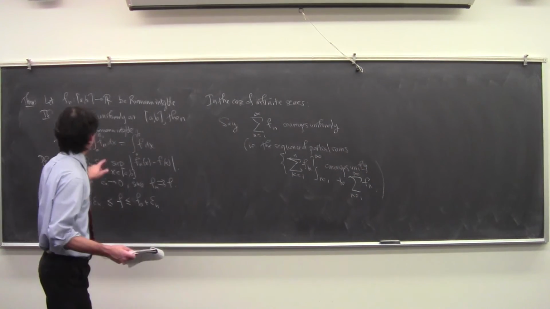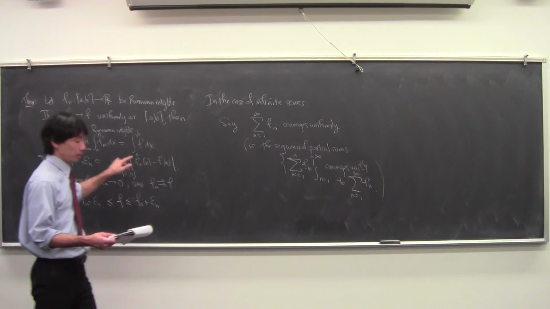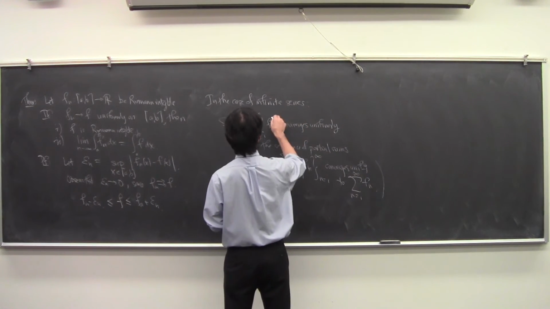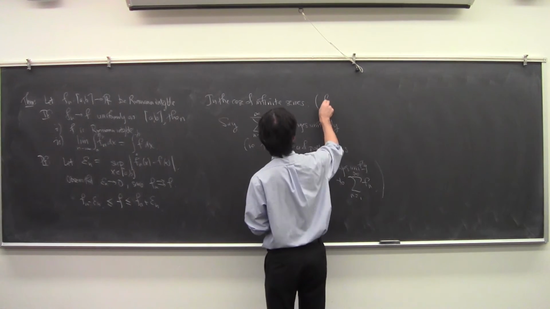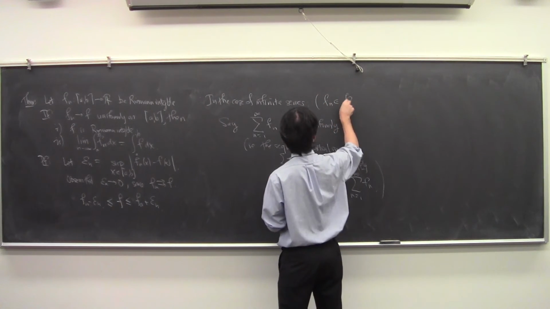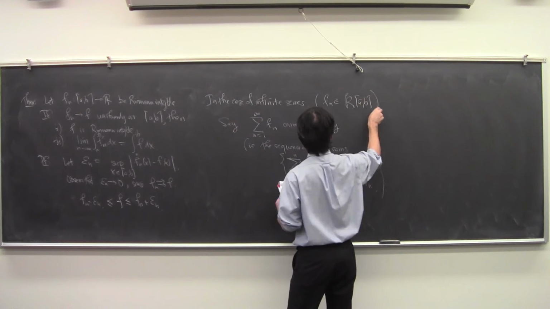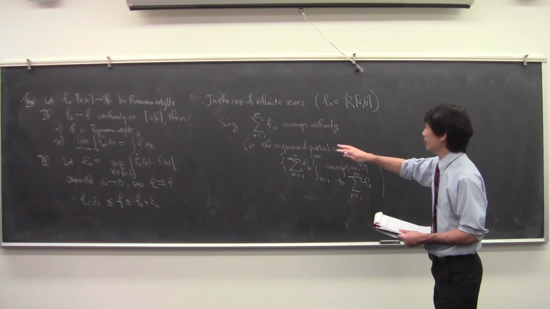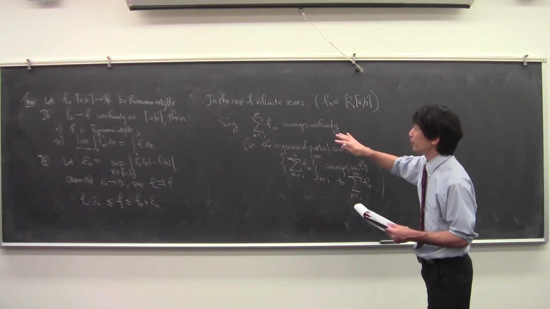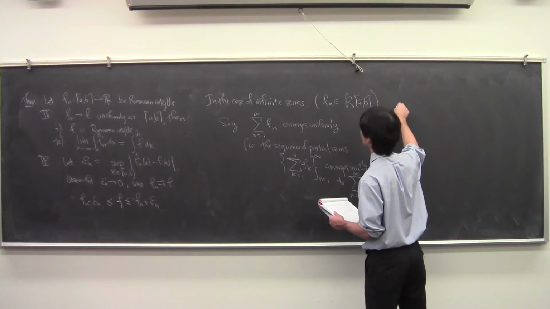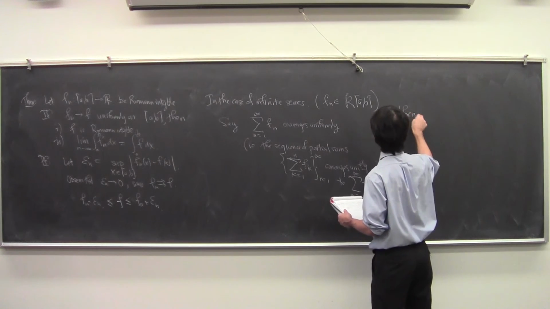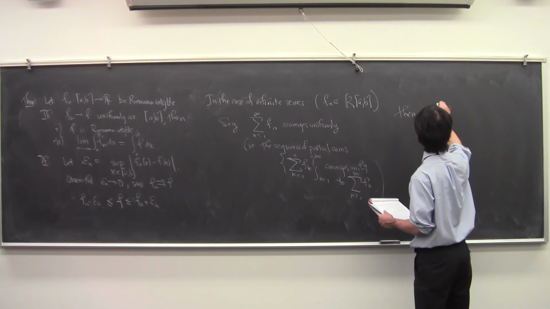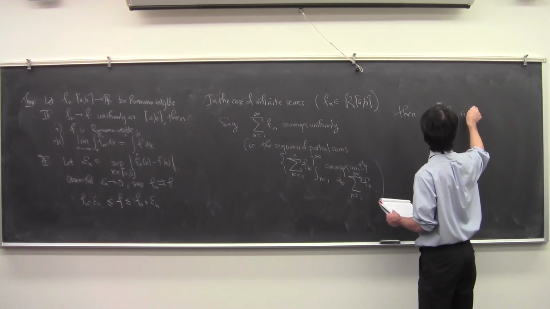Okay. Now, assuming that all these guys are Riemann integrable functions on some interval AB. So what does this say? The theorem is going to say that then one, the infinite series is Riemann integrable.